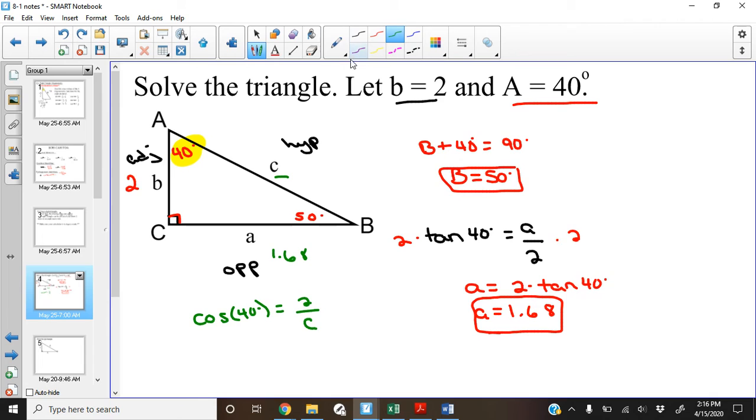Now, if we wanted to solve for this, we would have to first multiply by C on both sides, and then that's gone, right? So now we have C times cosine of 40 equals 2. And now I need to get that C by itself, so I would have to then divide by cosine of 40 degrees.